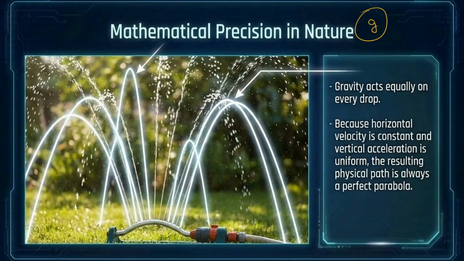When you take a constant horizontal motion and combine it with uniformly accelerated vertical motion, meaning Vx is the constant velocity motion and Vy is the constantly accelerated motion, and you combine them together, the mathematical result is that the physical path is always a perfect parabola.